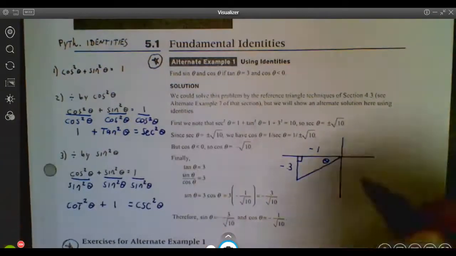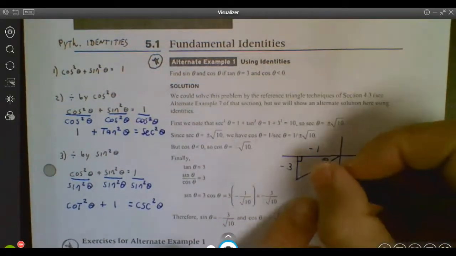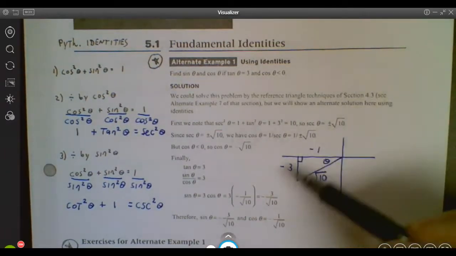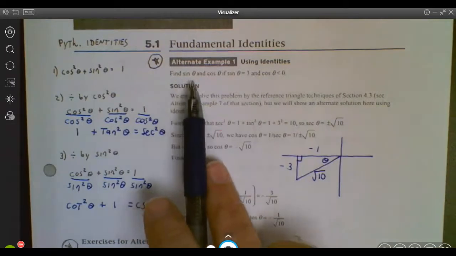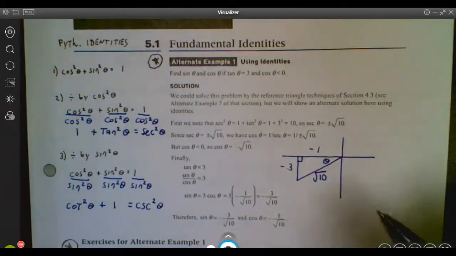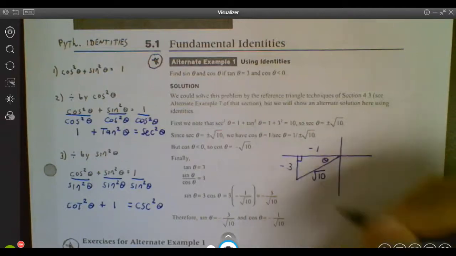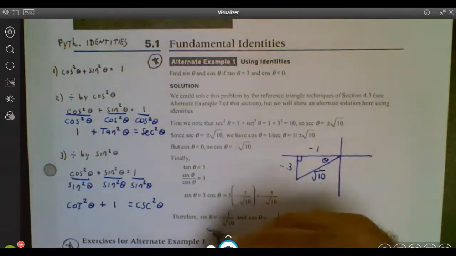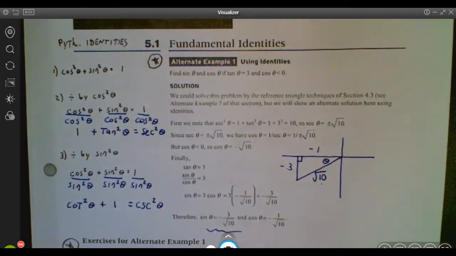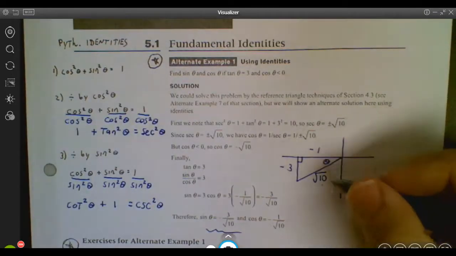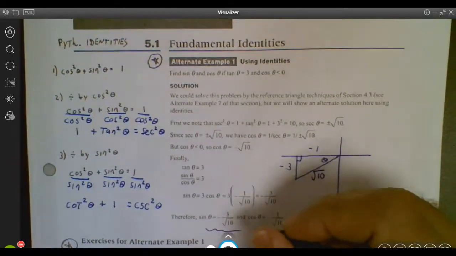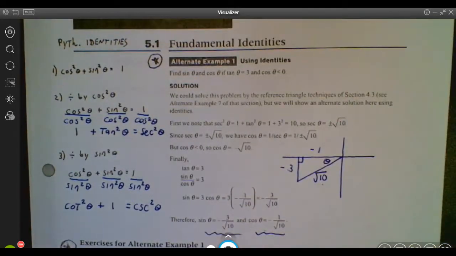And so there's my triangle, and if I use the little Pythagorean theorem, we figure out that our hypotenuse is rad 10. And now we could say, okay, based on those numbers, what is the sine value or what is the cosine value? I know the sine value is opposite over hypotenuse, and I can get my sine value that way. My cosine value is adjacent over hypotenuse, and I can get my cosine value that way. And so that was the technique that we learned last chapter, and of course that still works.